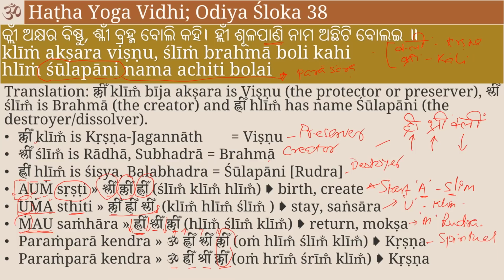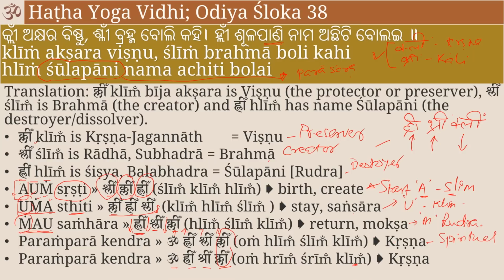Why? I can derive the difference very clearly, but I will do it some other time and not now. But remember, in the Parampara it will be Klim. So when you are saying Om, Hrim, Shrim, Krim, then it is not Krishna. The mantra is going to Kali.